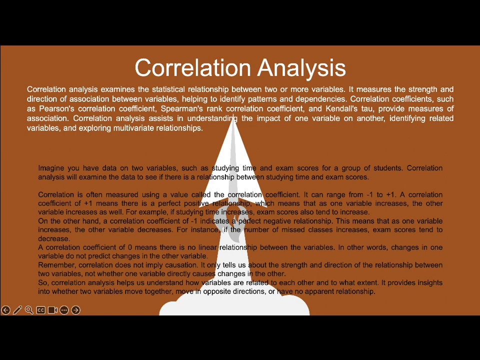And correlation is measured using a value called the correlation coefficient. It ranges from -1 to +1. Okay, so +1 means there is a perfect positive relationship, which means, for example, just now, yes, there is a positive relationship between hardworking and being rich. That is the strength of the relationship.